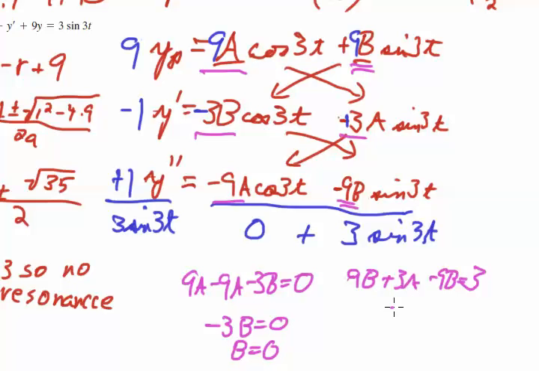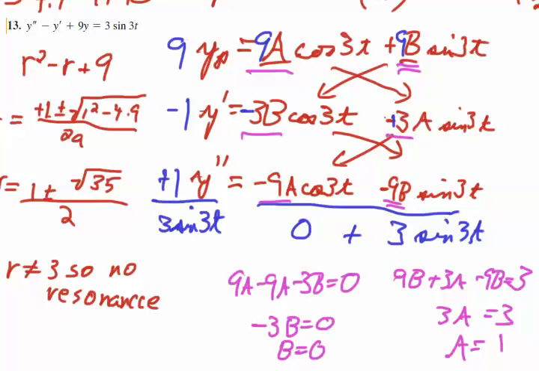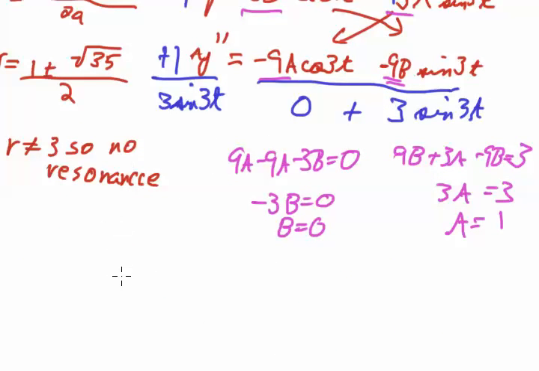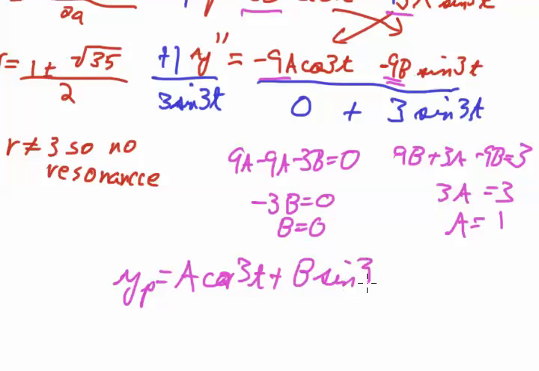And so this would be 3a equals 3, which means that a equals 1. That means that our particular solution, a cosine 3t plus b sine 3t, is in this case just cosine 3t.